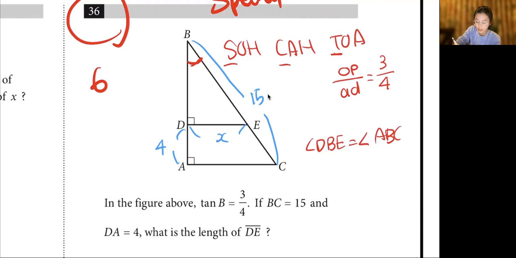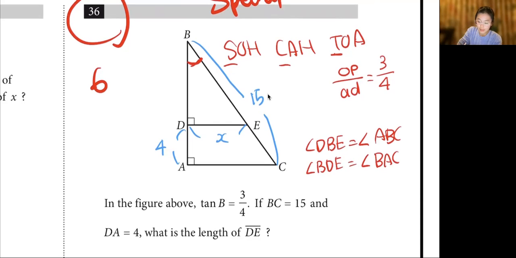Also, angle BDE and angle BAC are the same because they're both 90-degree angles. So you can say they are not congruent, but similar triangles.